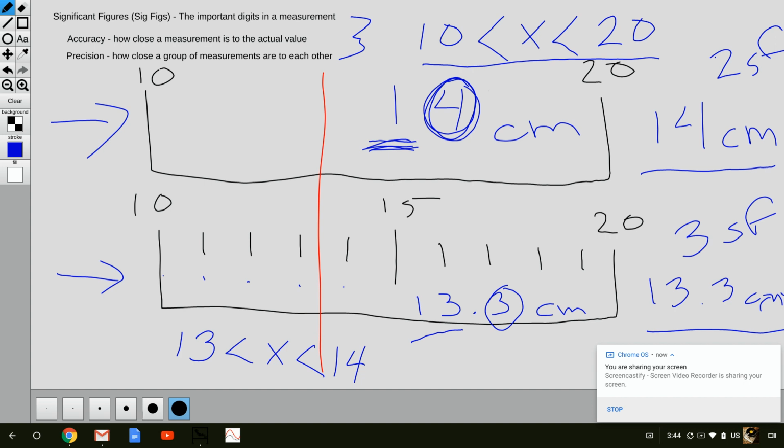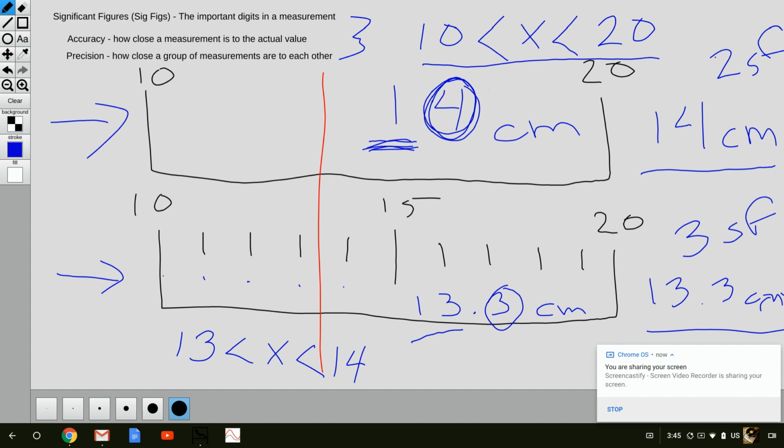If the actual value of the line is somewhere between 13 and 14 centimeters, my estimate on the top of 14 centimeters is an accurate measurement. It is actually somewhere between 13 and 14 centimeters. 14 centimeters is accurate. On the bottom, 13.3 is also accurate. It is close to the actual value being between 13 and 14.